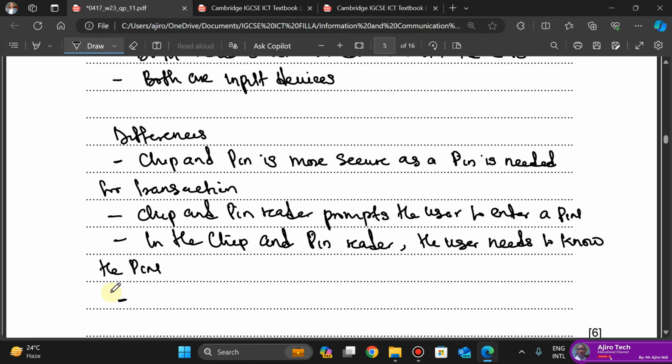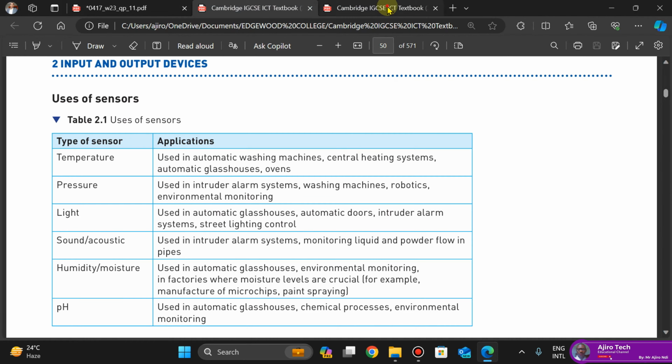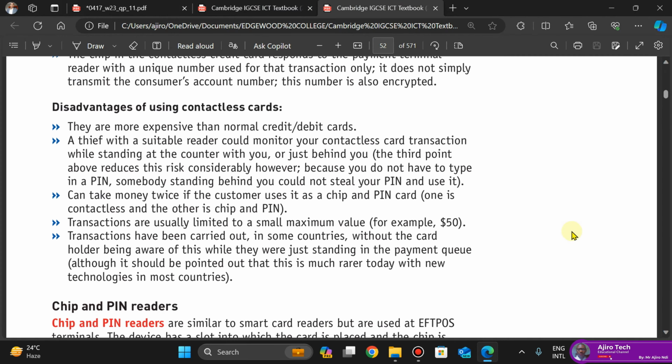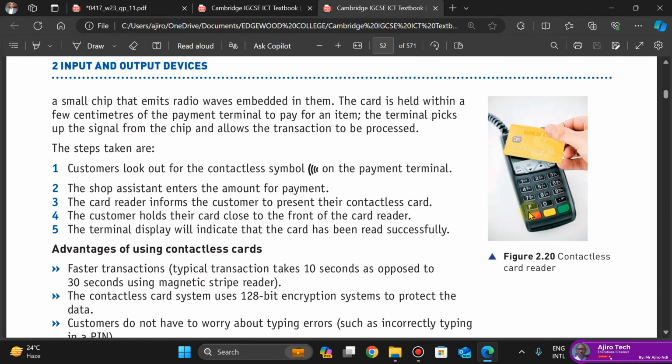Now for magnetic stripe, it can be used by anyone. Let's talk about magnetic stripe. Now, what is the reader? The reader is the one that is used to read the cards. Do you understand? Let me show you what I'm talking about. This is the reader here that is used to read this.